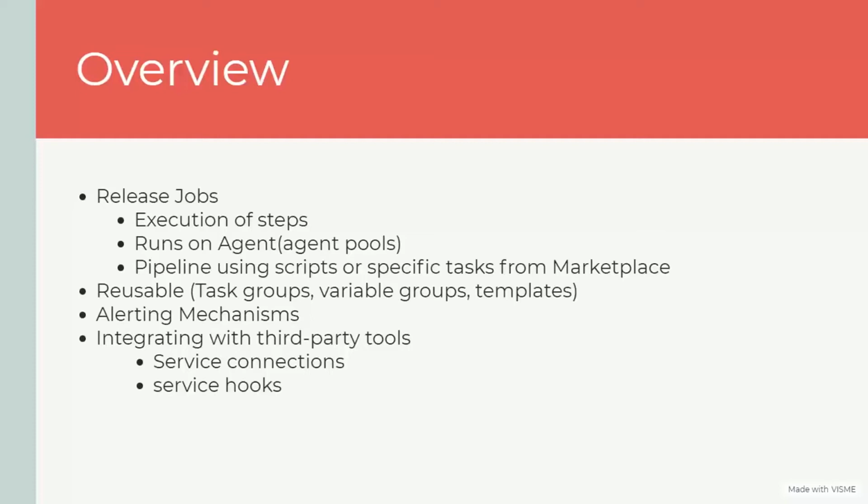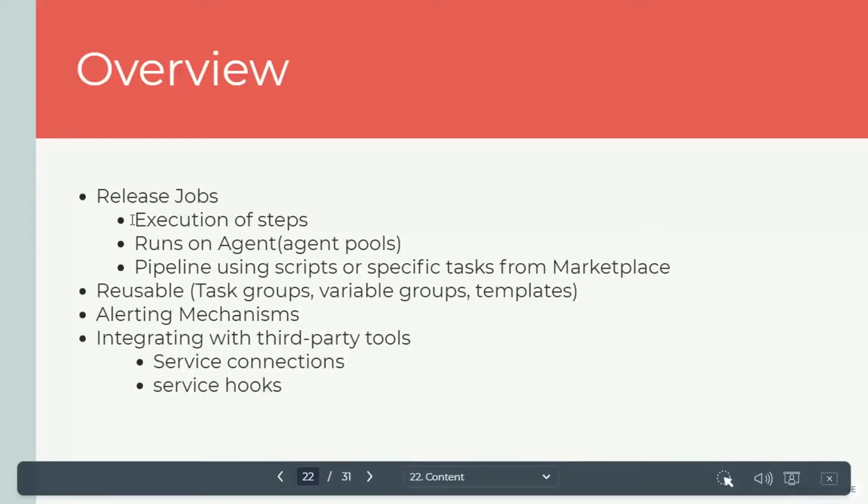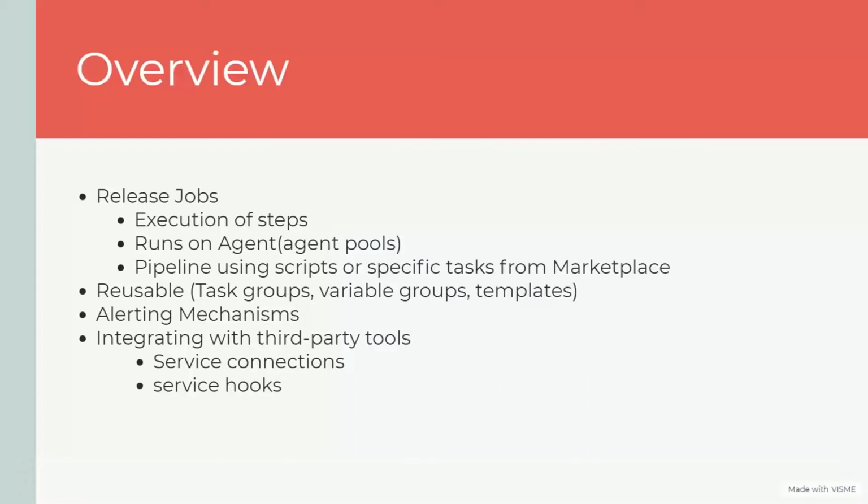The execution steps will differ based on the deployment platform or the technology. For example, if I am deploying a .NET application, I just need the zip artifact and then I'm going to copy it.